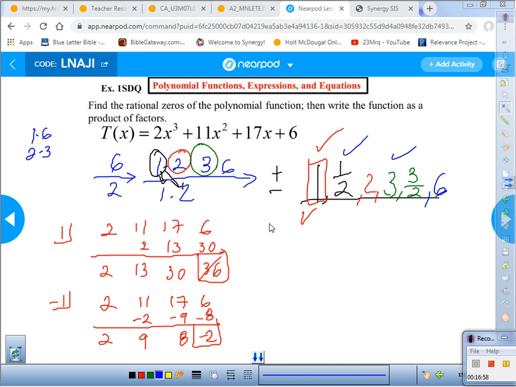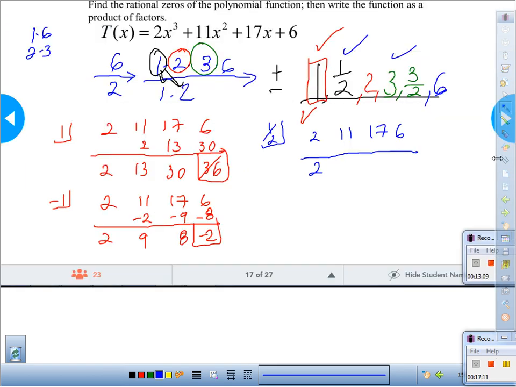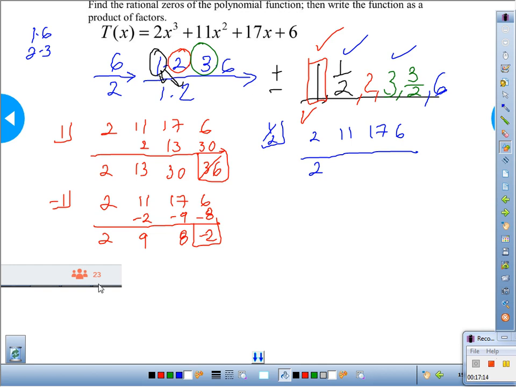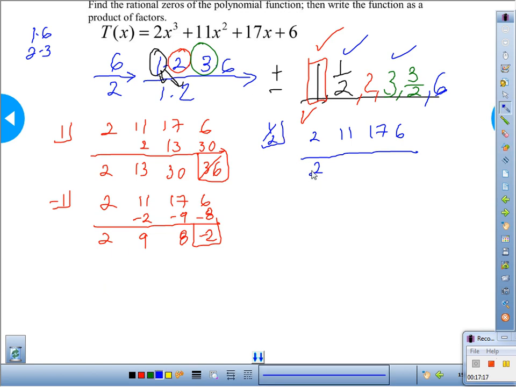1/2. So we have 2, 11, 17, 6. Bring down the 2. All right, so let's see. What is half of 2? Half of 2 is 1.